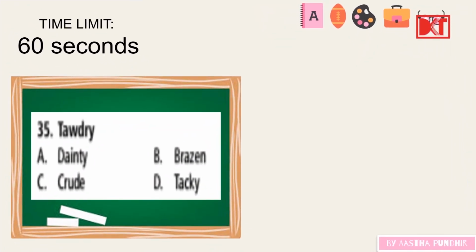Okay, the next word we have is tawdry. Here the options we have are dainty, brazen, crude, and tacky. Now, tawdry refers to something, we usually use it to describe certain outfits or say jewelry, ornaments, something that is cheap and not of a good quality.